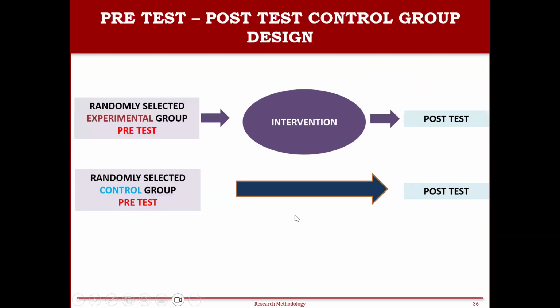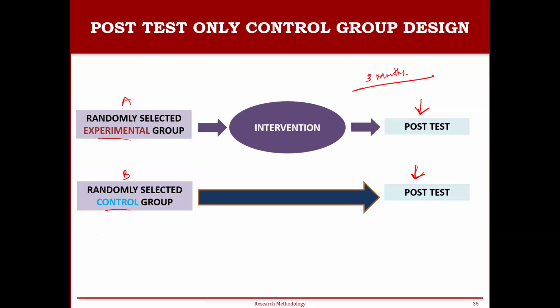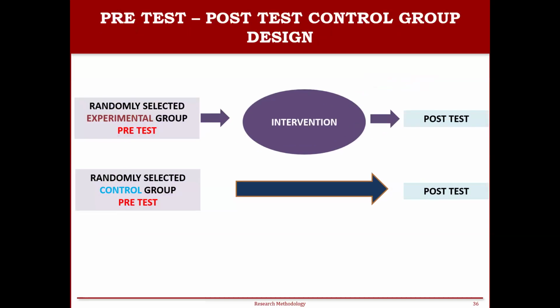And then moving on to the pre-test, post-test control group design, it is a little different from the previous one. In the previous one, we conducted only a post-test. We didn't have a pre-test. Here we analyze the effect, the relationship between the dependent and independent variable.